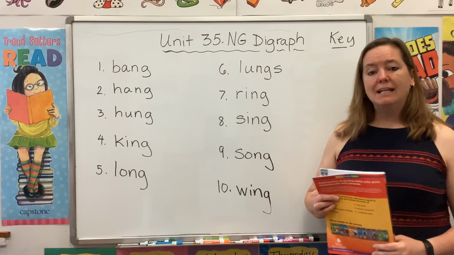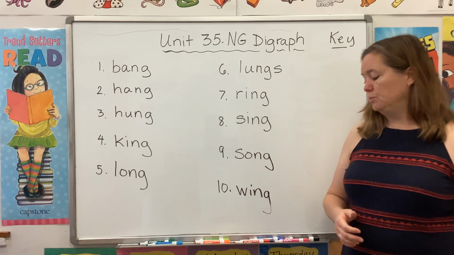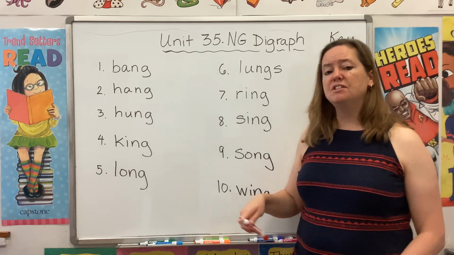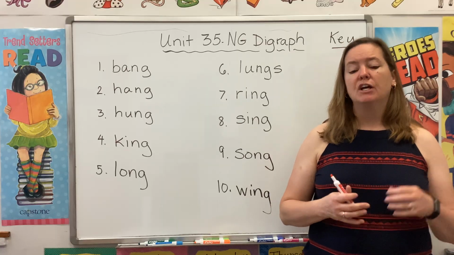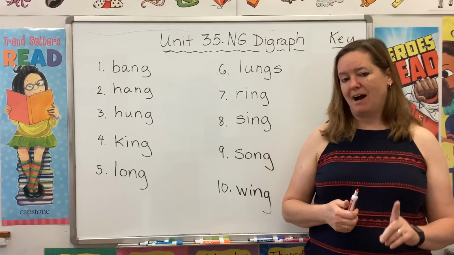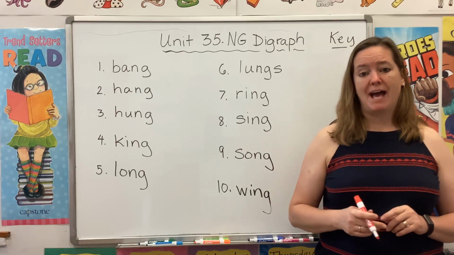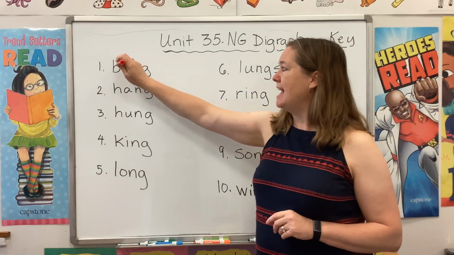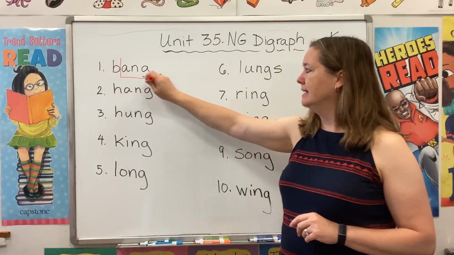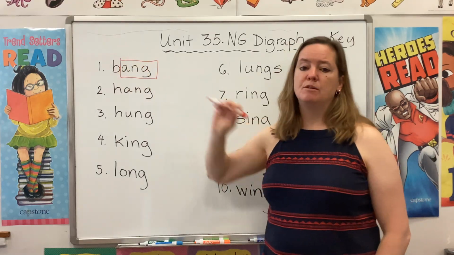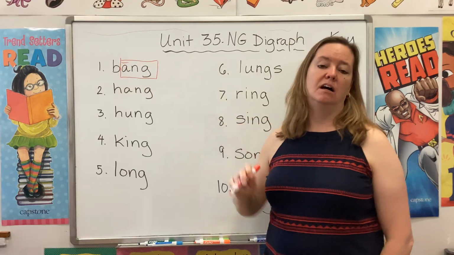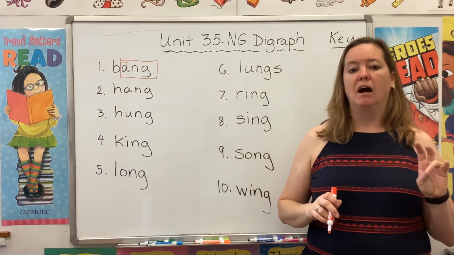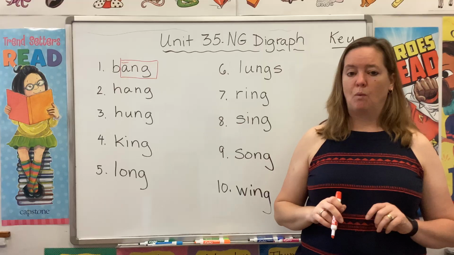Great. So what I'd like you to do now is choose a color. And the first thing we're going to talk about is that ANG pattern. Notice one vowel always shows up before the NG. When that vowel is an A, the A is going to make a long sound. Bang: B, A, NG, 3 sounds, 4 letters.